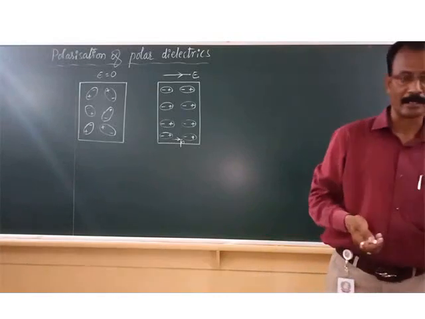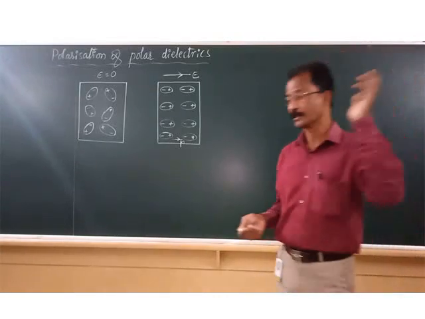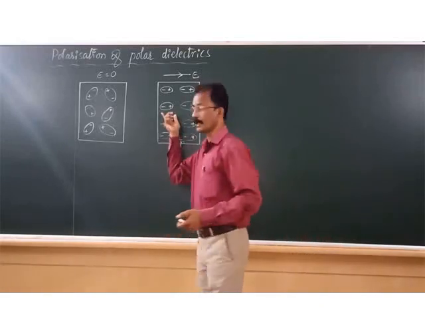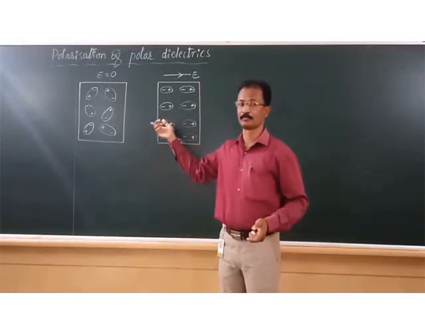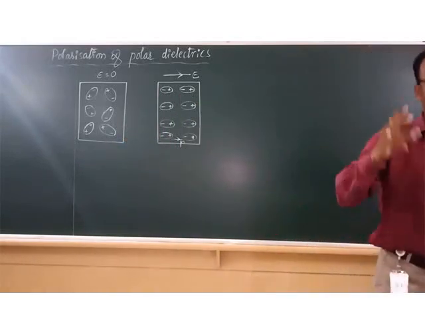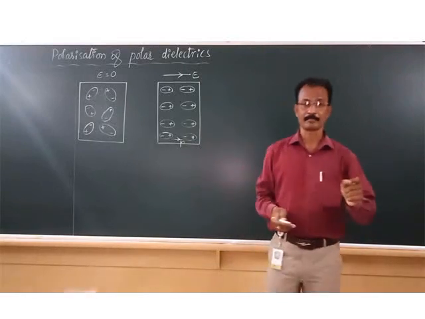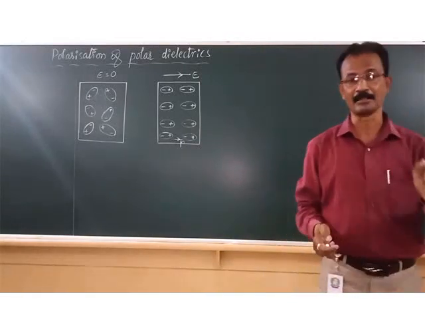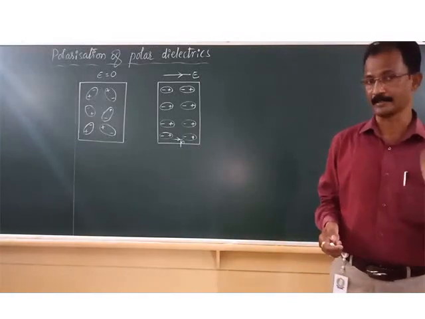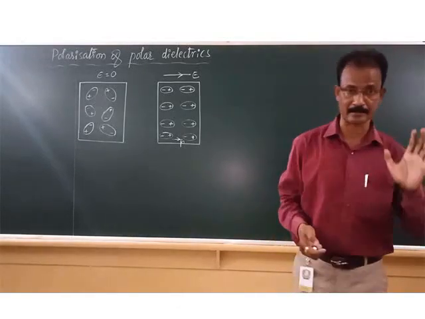Whether the dielectric slab has polar molecules or non-polar molecules, if the net dipole moment of the dielectric slab is aligned in the direction of the external electric field, then the dielectric slab is said to be polarized. This is known as polarization of dielectrics.